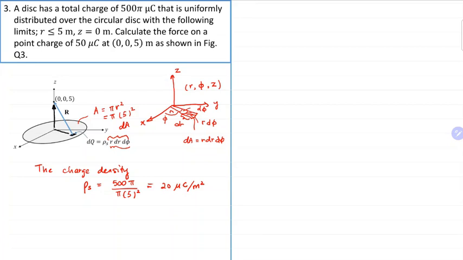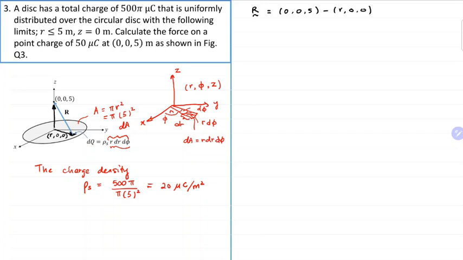So here we have a position vector, which is r, 0, 0. And because we want the vector r, that will be the negative of this vector plus our 0, 0, 5. So therefore we can define our vector r as 0, 0, 5 minus r, 0, 0.